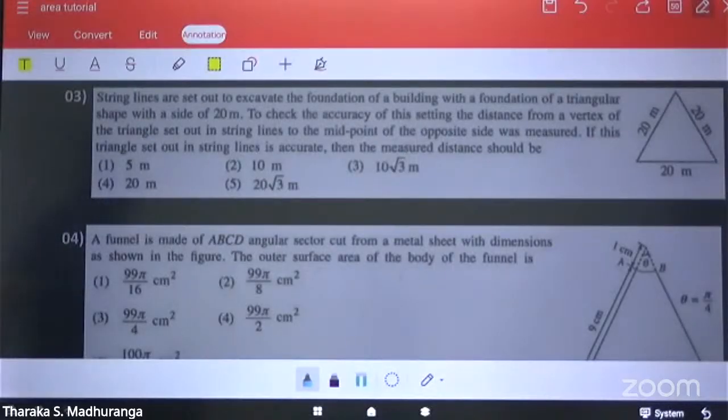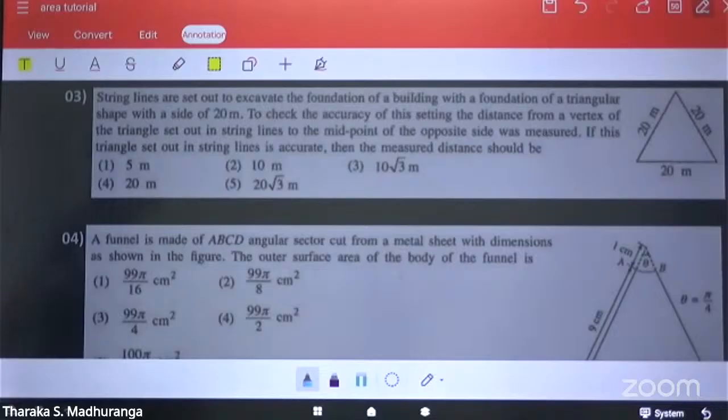String lines are set out to excavate the foundation of a building, with the foundation of a triangle shape with a side of 20 meter. It is a 2016 paper question.